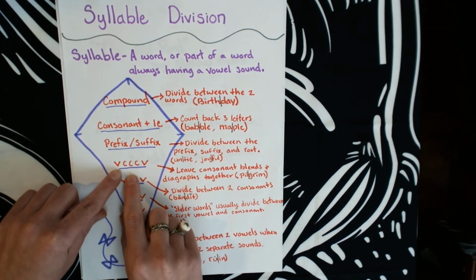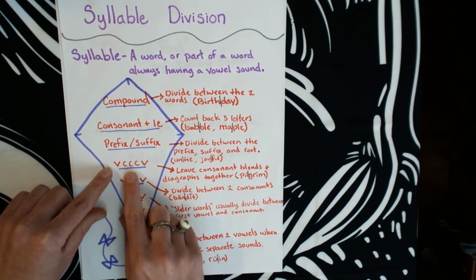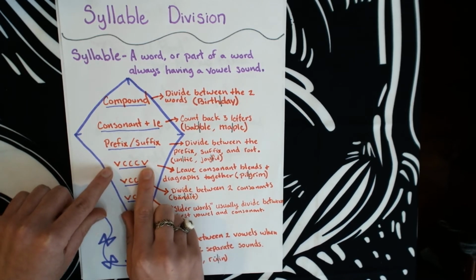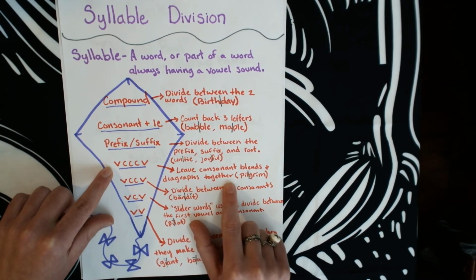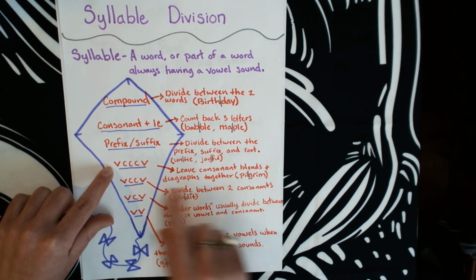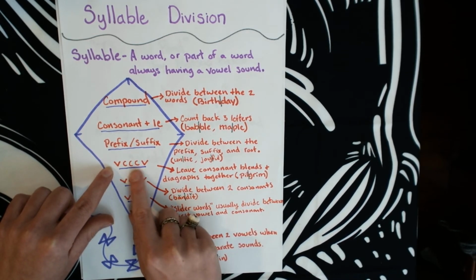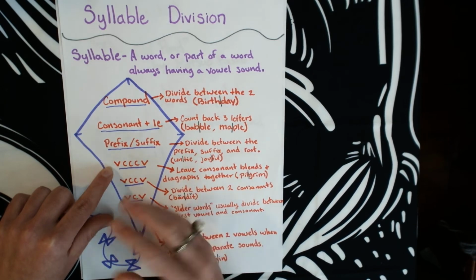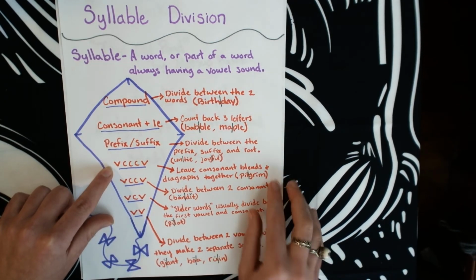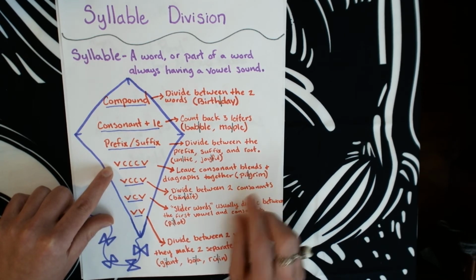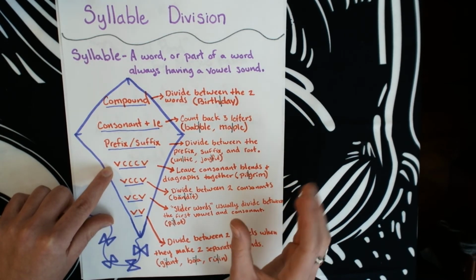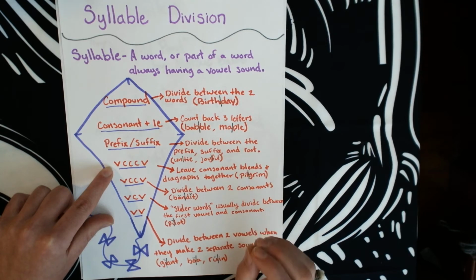Our next type is a VCCCV. In this one, we leave consonant blends and digraphs together. So if you see 2 or more consonants together that usually make a team, like TH, SH, or that make a blend, like GR saying GR, we wouldn't want to separate those in the syllables. You want to leave the consonants that work together together.